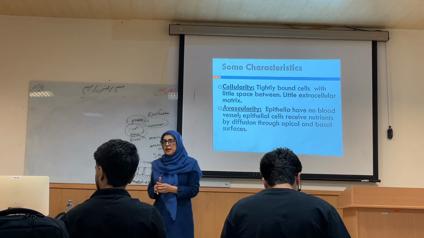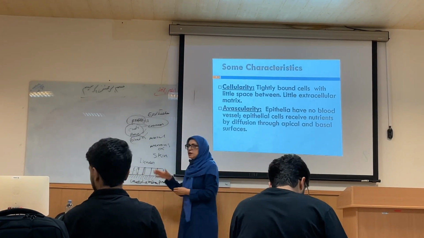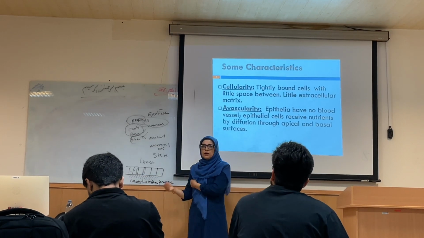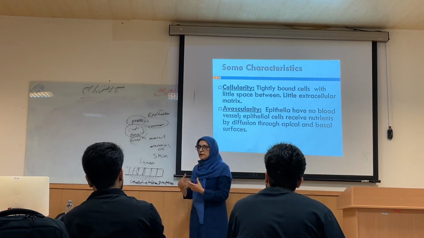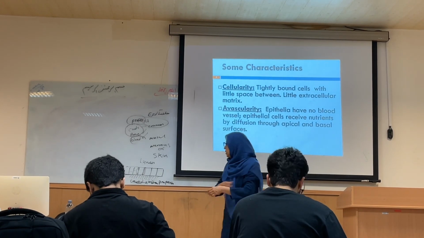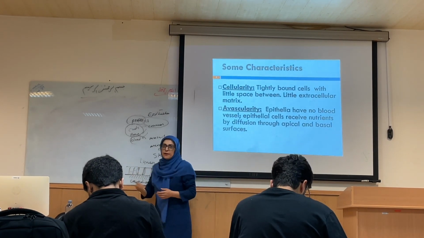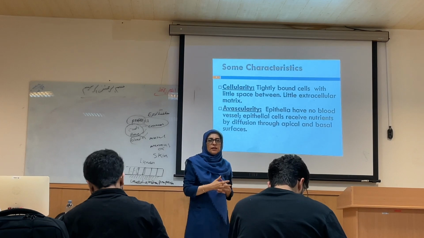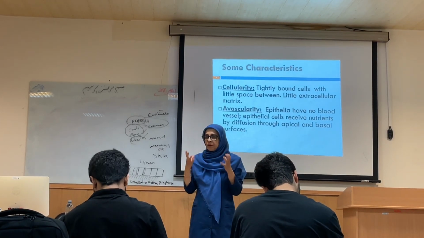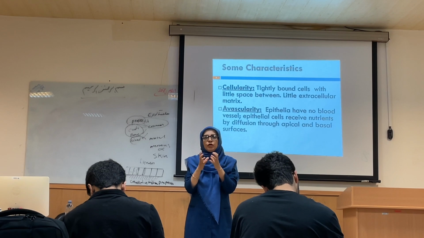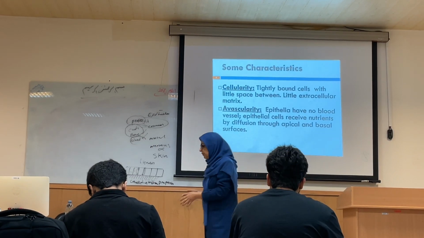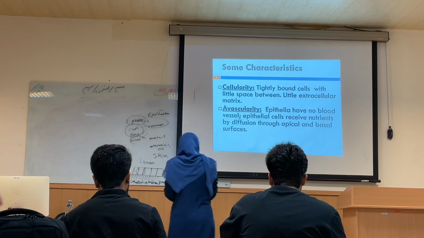The epithelial cells don't receive the vessels. The vessels are in the connective tissue, and these cells receive their nutrients by diffusion or from the lumen. For example, the enterocytes in the small intestine and the cells of the stomach, because these cavities are holding the food, can also receive their nutrients from these lumens.